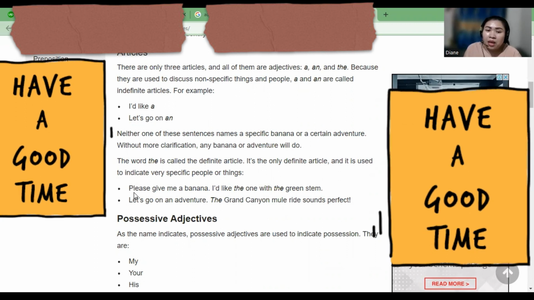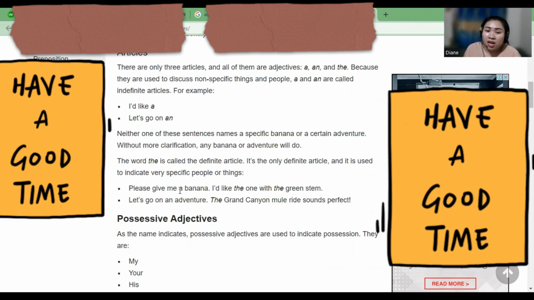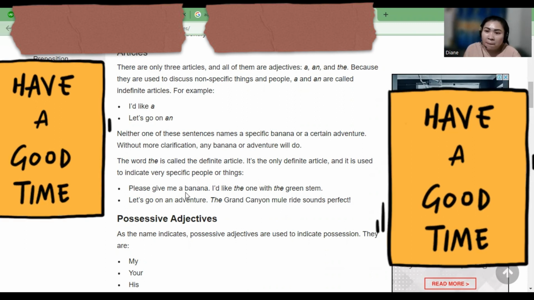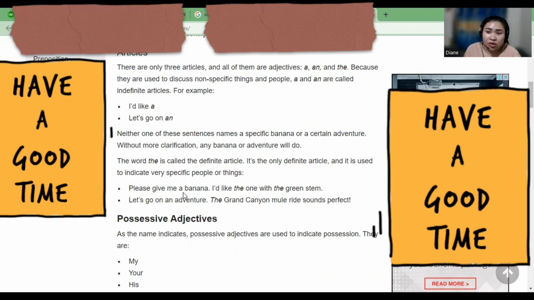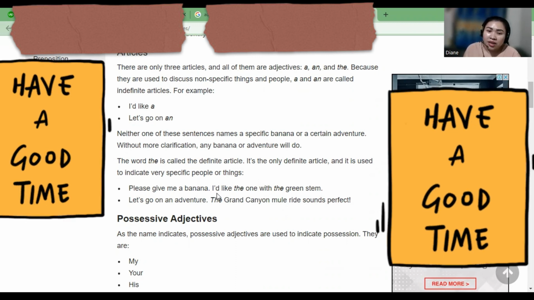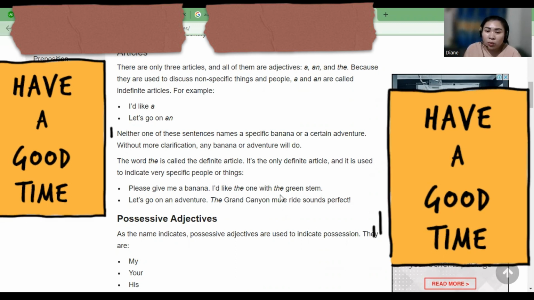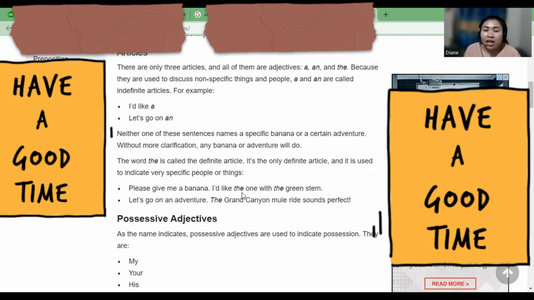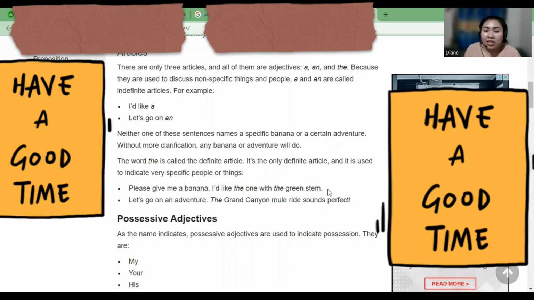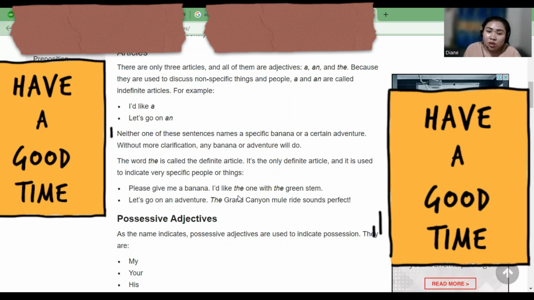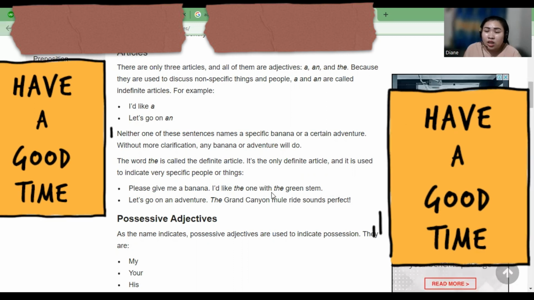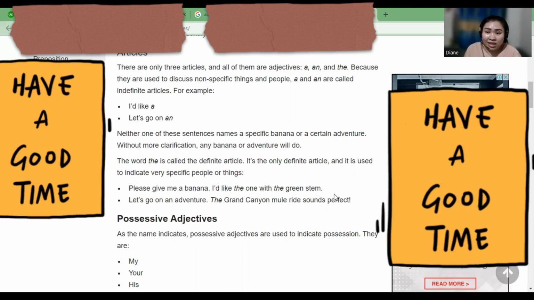For example, please give me a banana. A here is not specific. Bananas have different types, different kinds. Here, I'd like the one with a green stem. See here in the second example, I'd like the one with a green stem. So the here means specific. It's specified, it's a green stem.